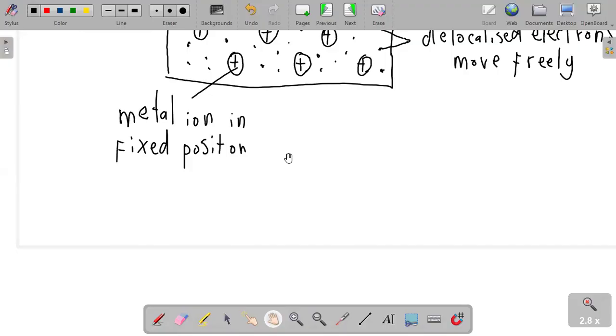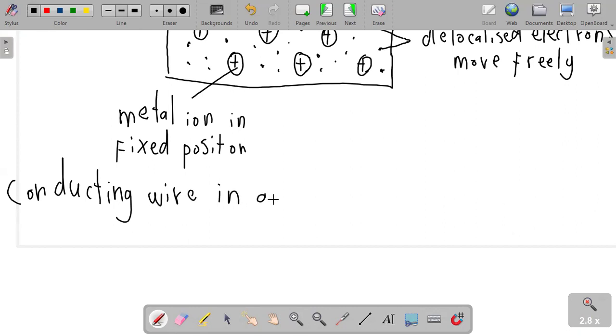Another important thing to know is that the conducting wire in an electric circuit is made of metal.